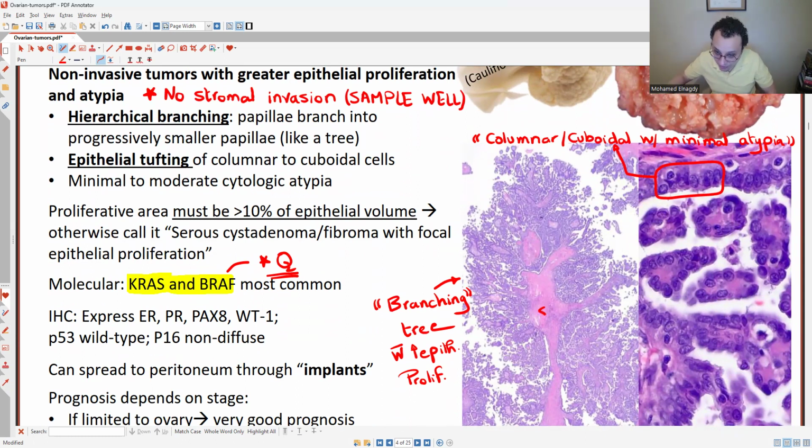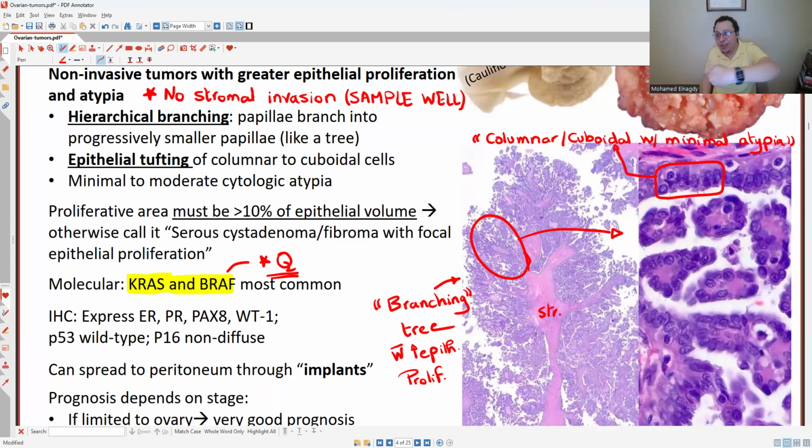See the stroma here in the middle, and then you have branches arising from a tree. In this area of the branching tree, if you go high power, you will see that you're still seeing columnar and cuboidal cells with minimal atypia, no mitosis, no ugly-looking cells. However, the cells are extensively proliferating in the lumen of the cyst.